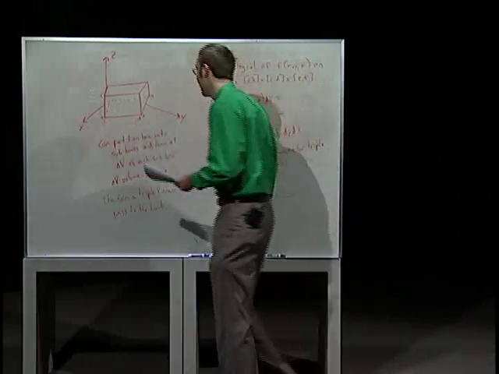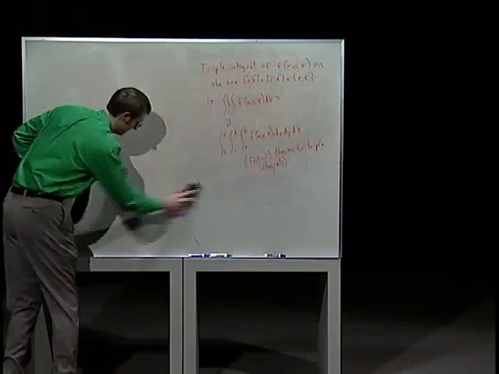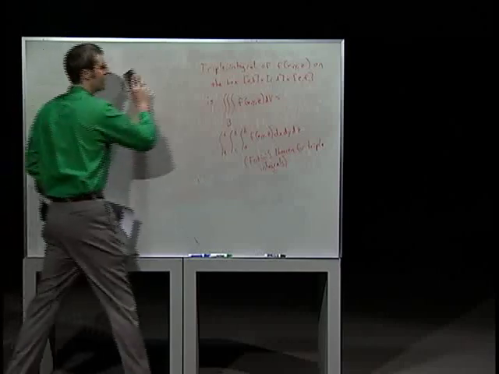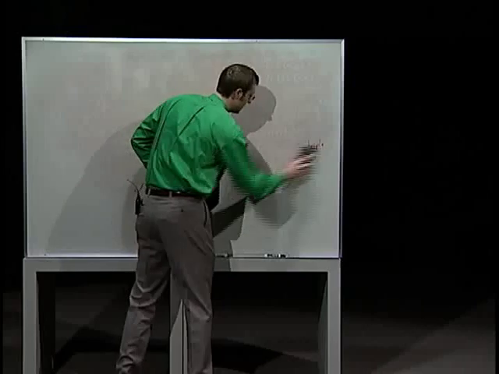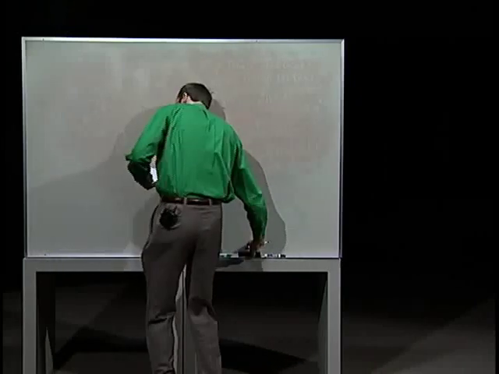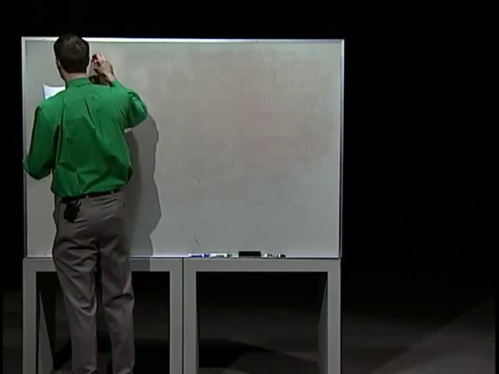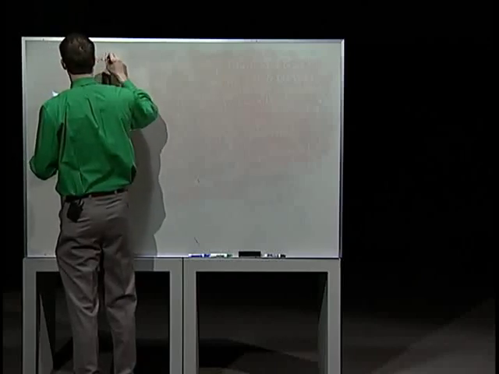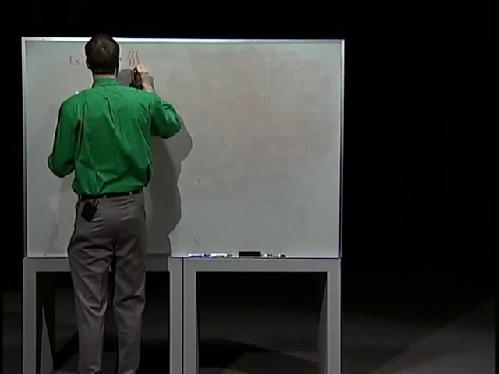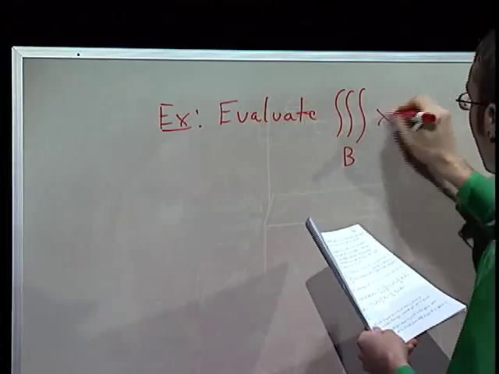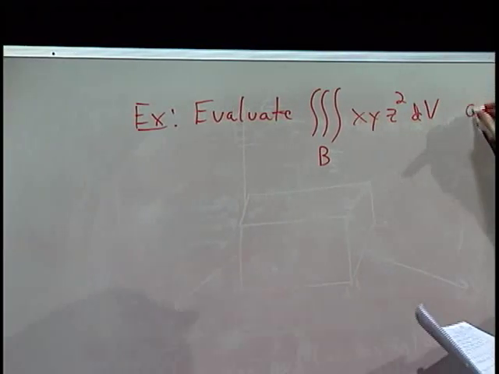Okay, let's look at an easy one. So get rid of the box. We know Fubini's theorem and the definition of triple integrals, so we're ready to go with this. If we're just given a nice box region, let's evaluate the triple integral over B of x, y, z squared dV.